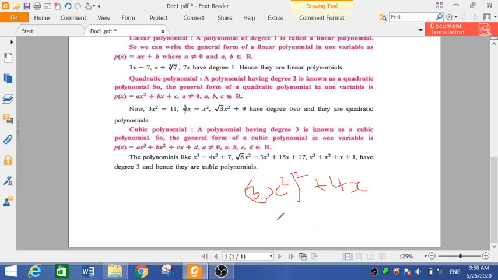So we have to convert first: 9x to the power 4 plus 4x. What is the degree here? It is 4. So always remember that these types of questions are asked in the exam.